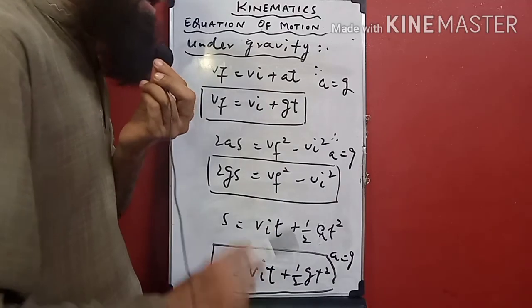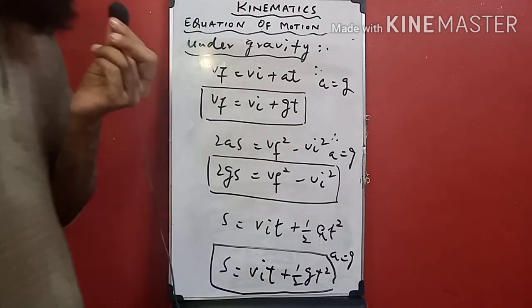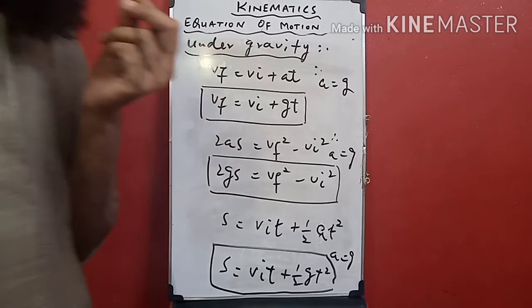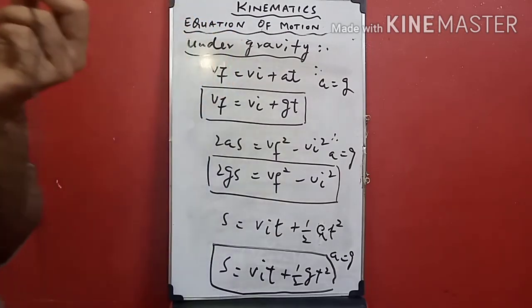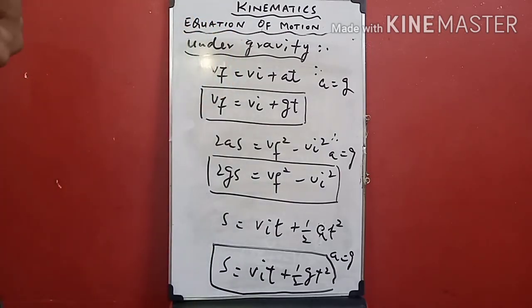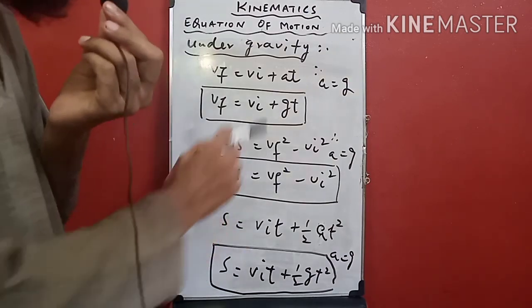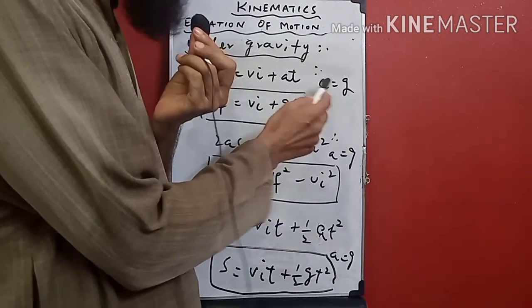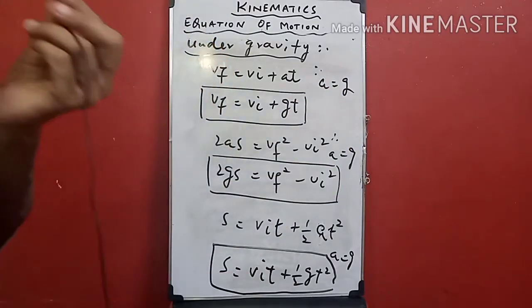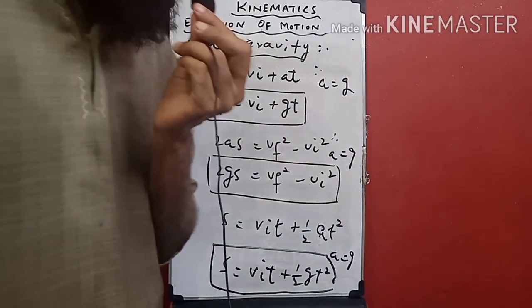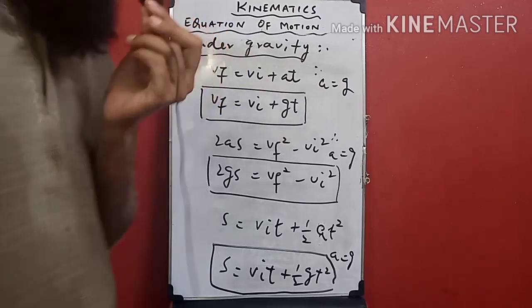In these three cases, G is taken as positive, that means the body comes from the height towards the earth. If the body goes away from the earth to a height h, then the value of G we put as minus, but it remains the same value, 9.8 meter per second square.